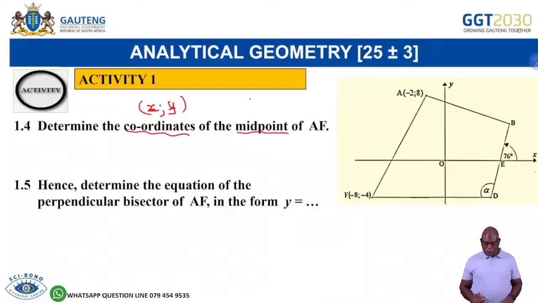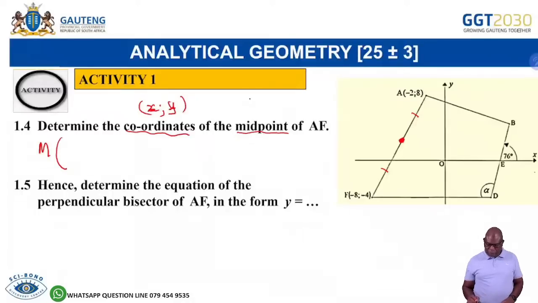So how do I get the coordinates of the midpoint? I need the coordinates of this point somewhere here, because if it's a midpoint, that line must be equal to that. So I'm going to have M open bracket.